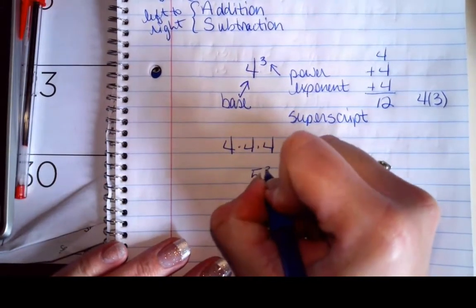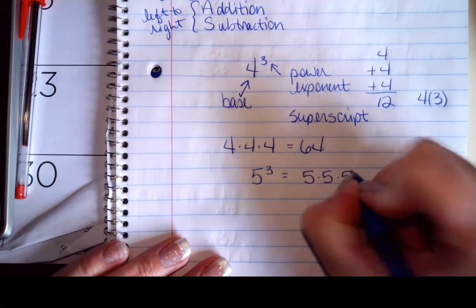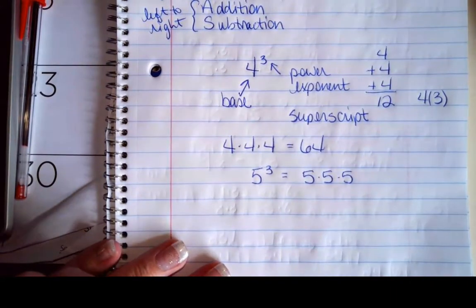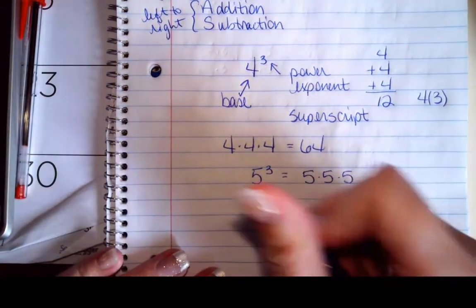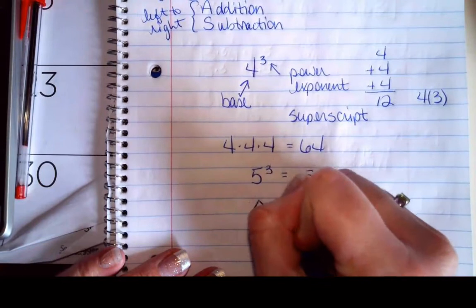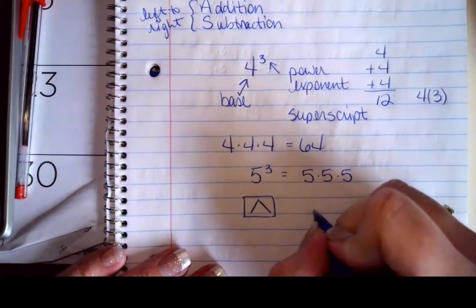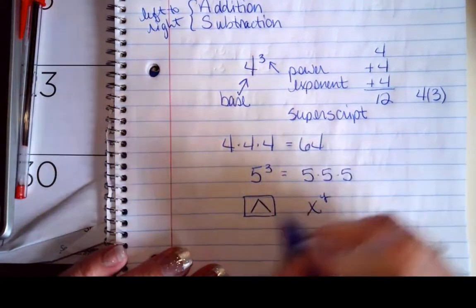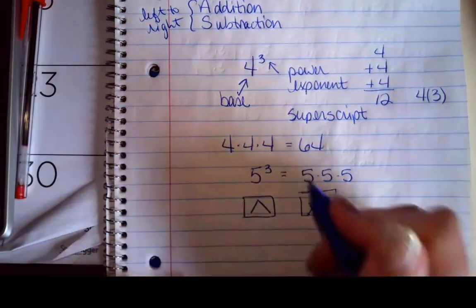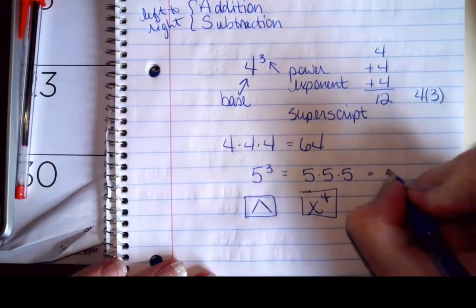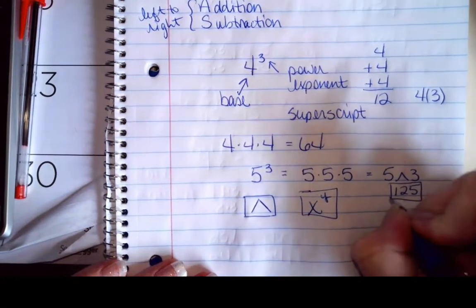So if I have like 5 to the third, that is the same thing as 5 times 5 times 5. And on your calculator, you will have an exponent key, and it should look like this, which you call a caret, or it may say x to the y, something like that, but you will need to find your exponent key. Because what I would do on my calculator is do 5 raised to the third, and I would find out that that is 125.